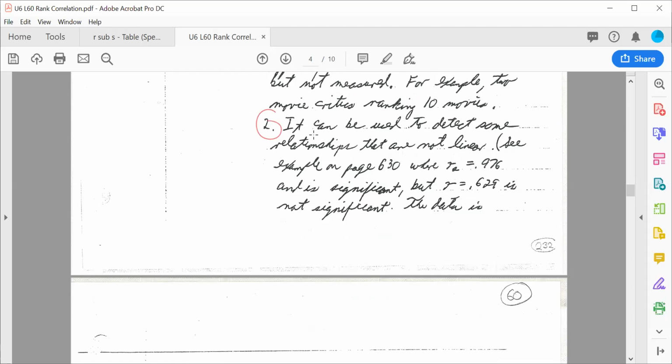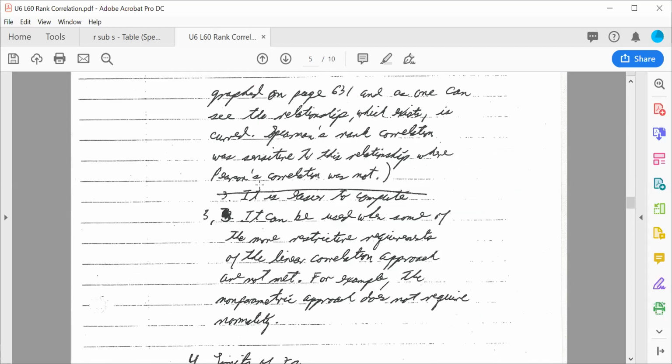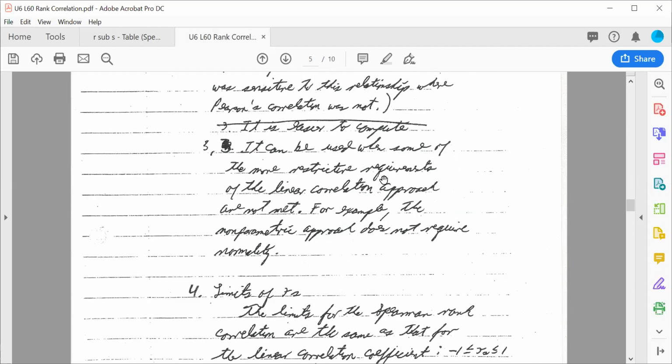A lot of relationships are not linear, and a rank correlation test can determine correlations that are not linear. Number 3, it could be used where some of the more restrictive requirements of linear correlation are not met. For example, the non-parametric test does not require normality of both populations. So in other words, the assumptions are more watered down with a non-parametric test.